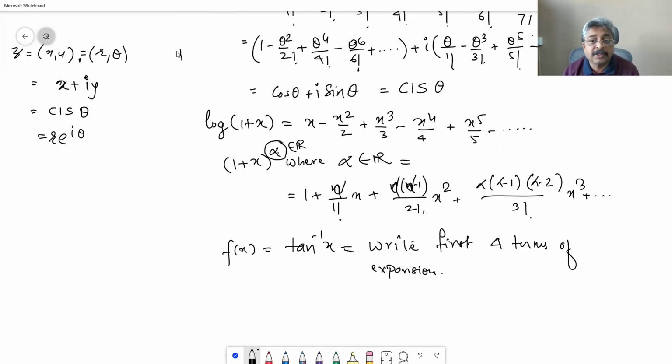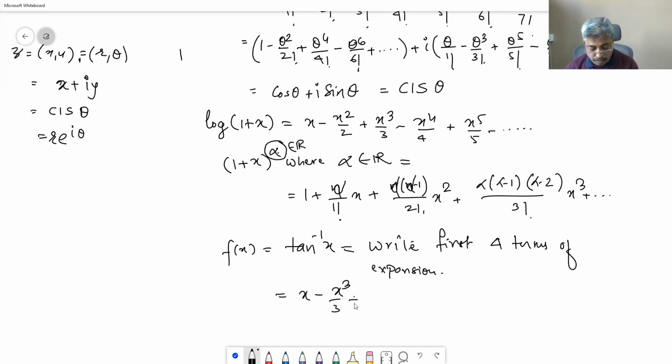Tan inverse x. Okay, as far as tan inverse x is concerned, if you do the derivatives, you will eventually get a series expansion like x minus x cubed by 3 plus x raised to 5 by 5 minus x raised to 7 by 7 plus and so on. Okay, good enough.